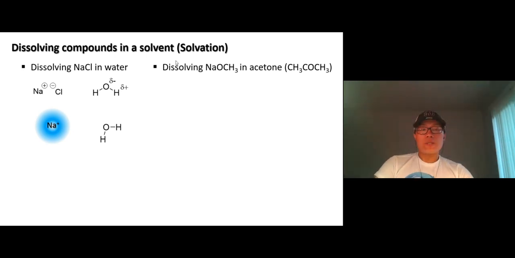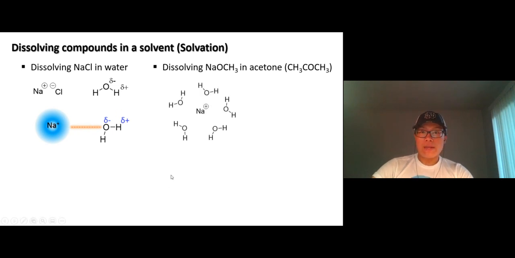Sodium is positive, so water has to form an interaction with the sodium ion using its negative end. Oxygen is negative, so positive and negative attract right there. It should look like this: the sodium ion in the middle, and the oxygens come around it. We call that solvated sodium.